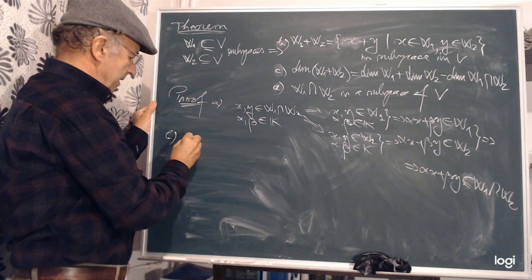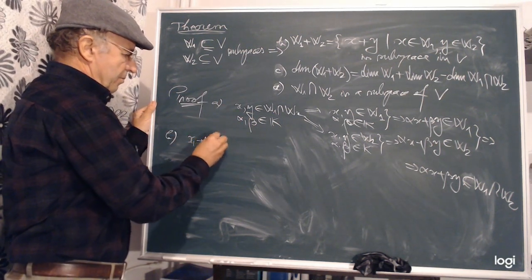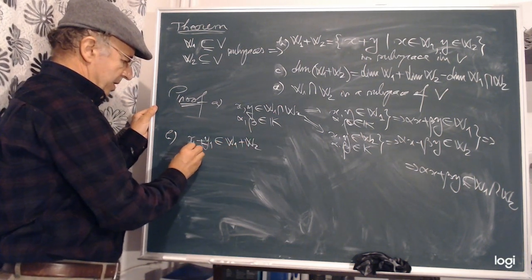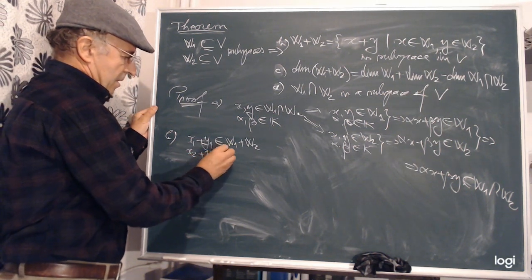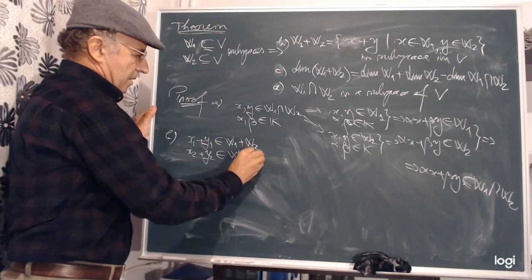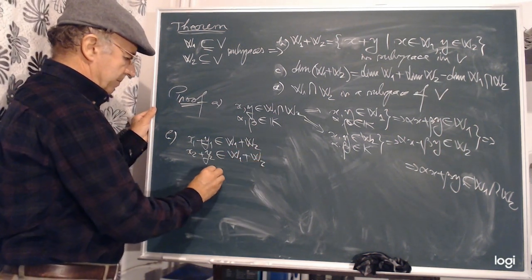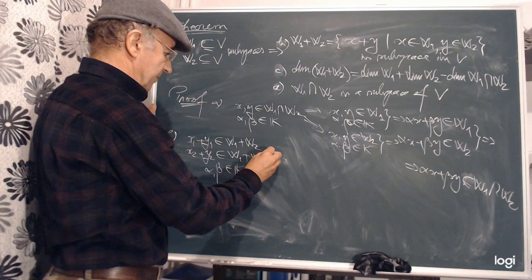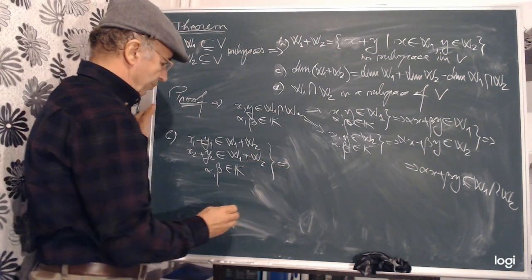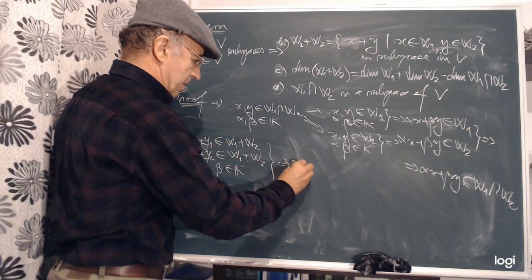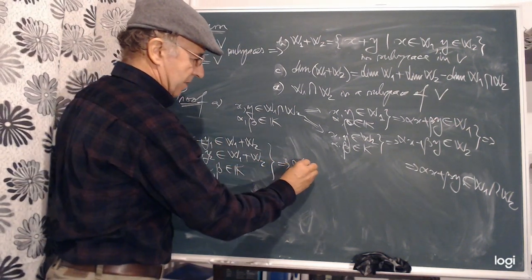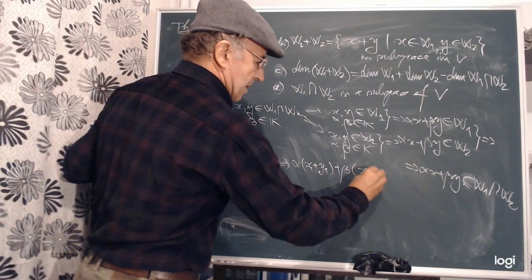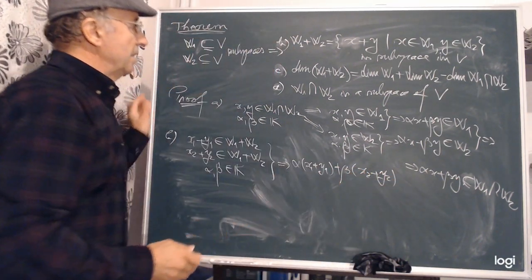We consider x1 plus y1 an element of W1 plus W2, and a second element x2 plus y2 also, and alpha, beta, two scalars from the field K. We have to prove that the linear combination alpha times x1 plus y1 plus beta times x2 plus y2 is also here.